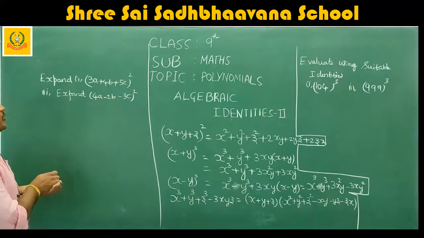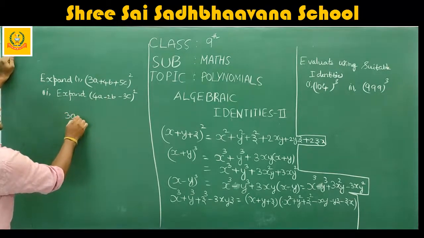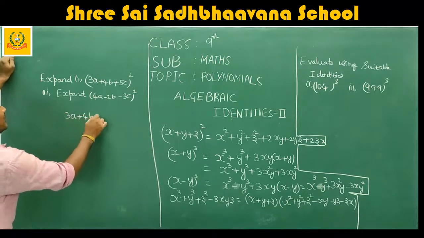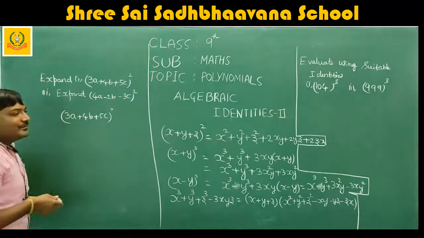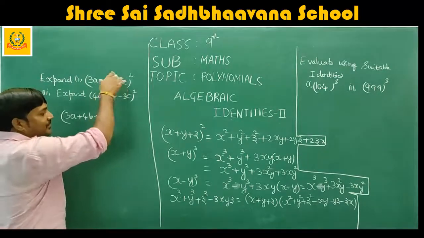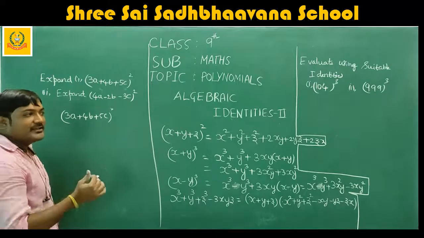Got it? So now expand. How do you expand this? See here, (3a plus 4b plus 5c) whole square. Always remember, whenever you look at this, you have to check which identity is suitable.